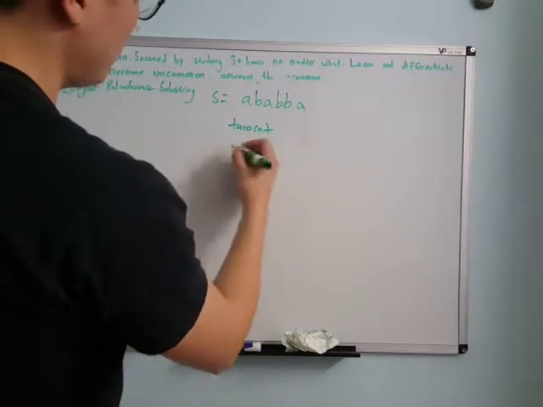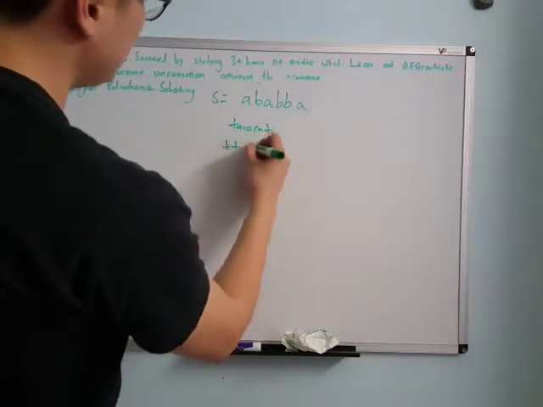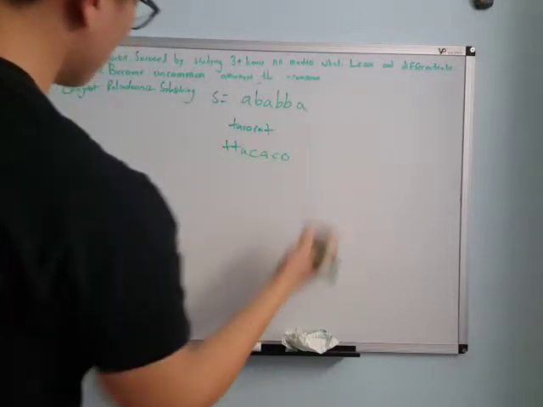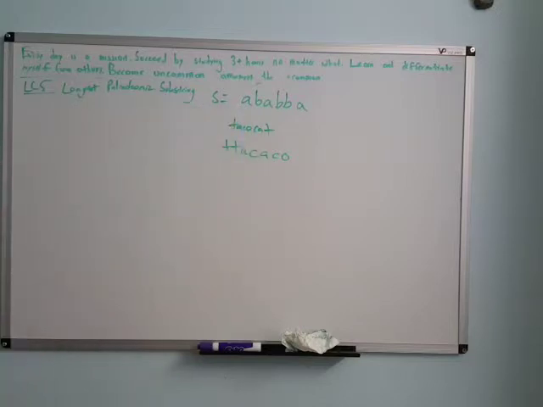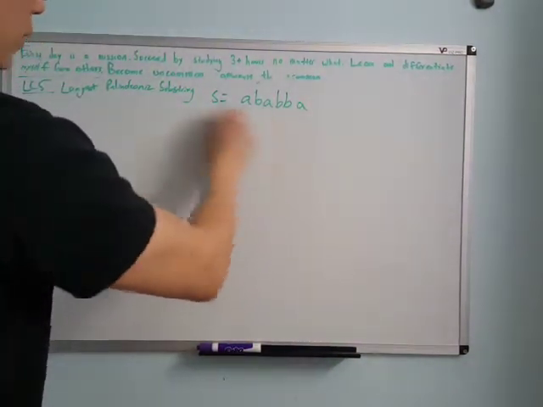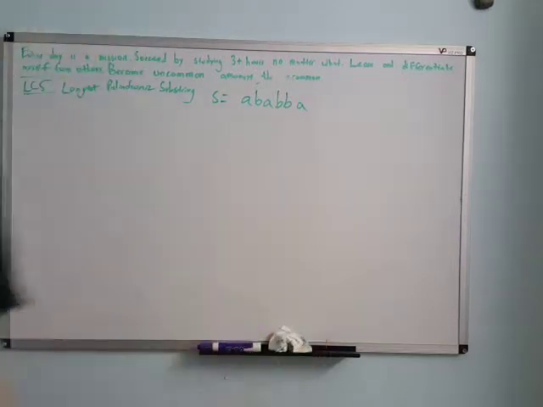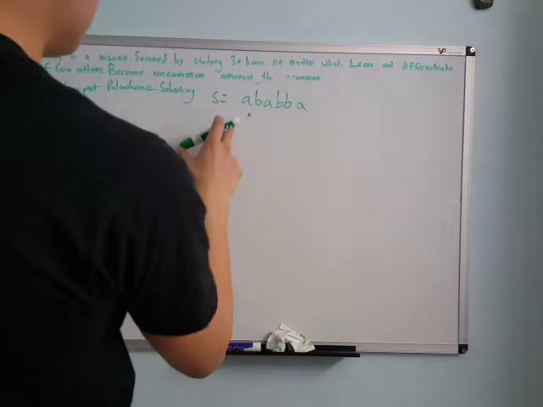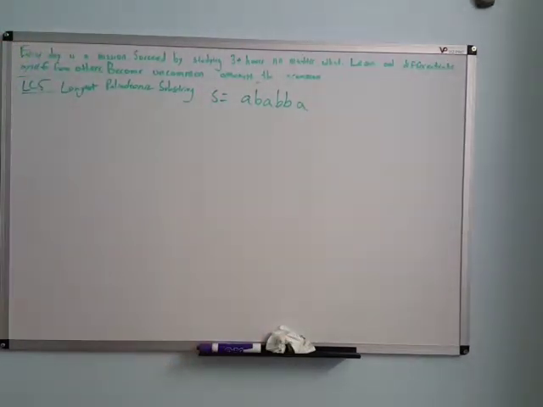So an anagram of taco cat would be like TT, AA, or AC, ACO. These are anagrams of each other. So yeah, for the palindromic substring, I don't know why I just talked about anagram.